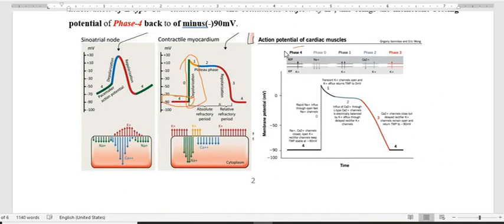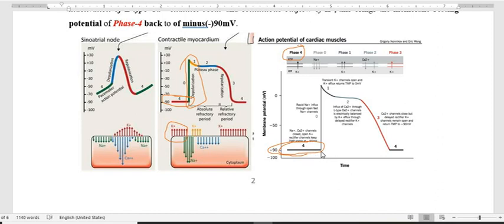So the resting potential, phase 4, is maintained by the outflow of potassium ion through the potassium channel KIR, which maintains the membrane potential at minus 90 millivolt.